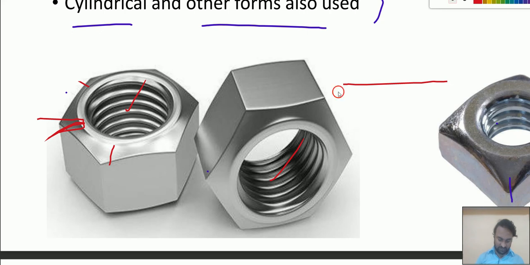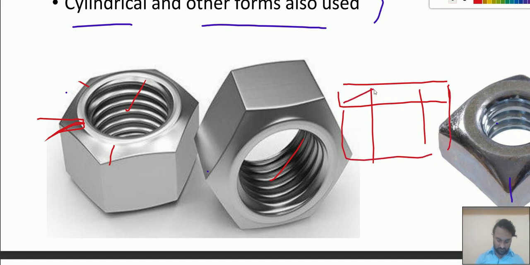If this one is the top surface, and this is the hole where we have cut the internal threads, we have chamfered it like this. We have removed that part all around from the top. That's how we have got this one.